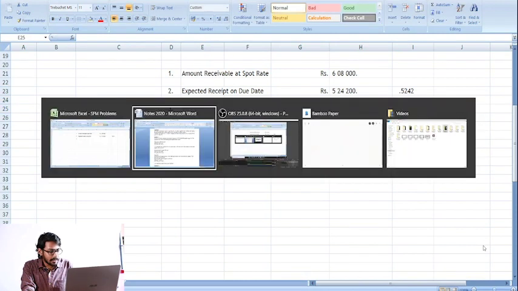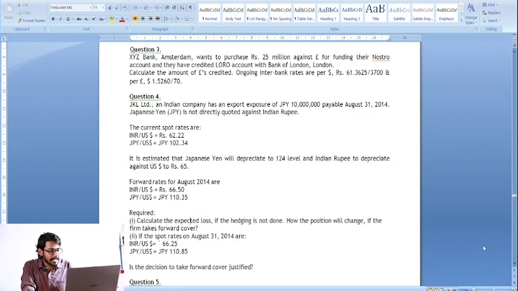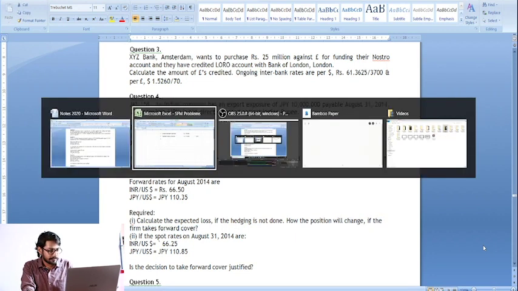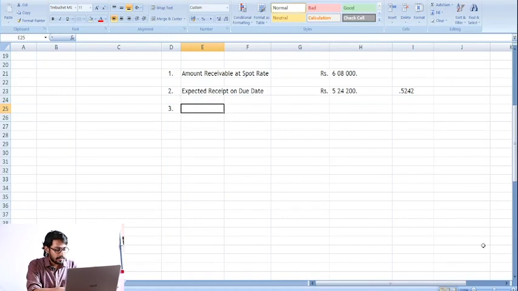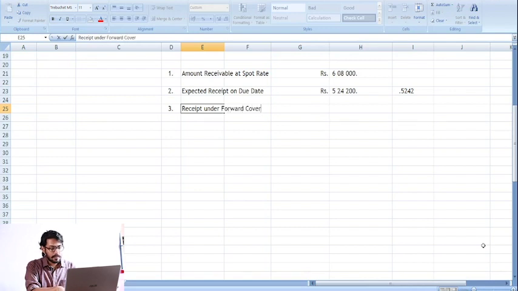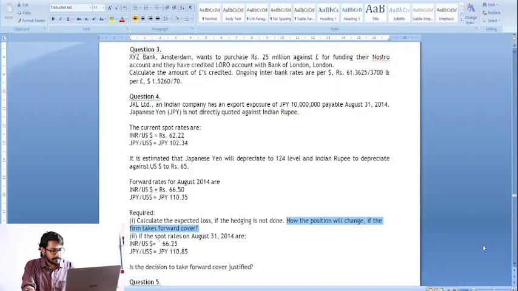Now 3, what are they asking? What is required? Calculate the expected loss if hedging is not done. How the position will change if firm takes forward cover. So third is receipt under forward cover. Under forward cover, the forward rates are 66.5 and 110.35.